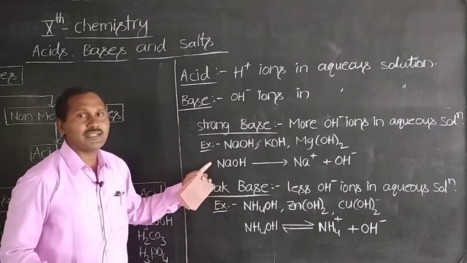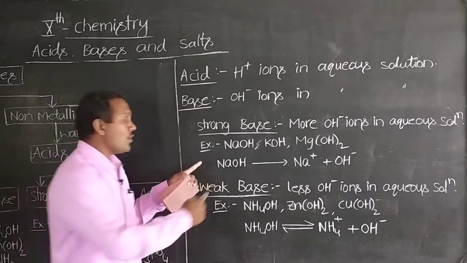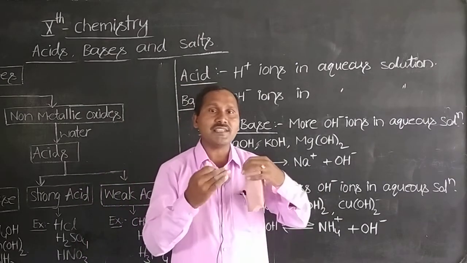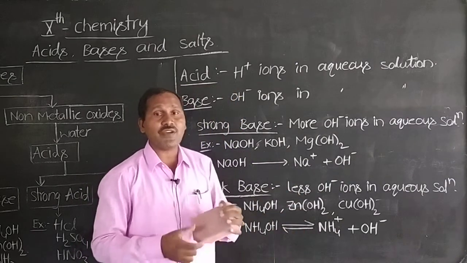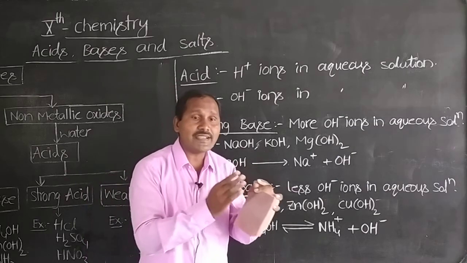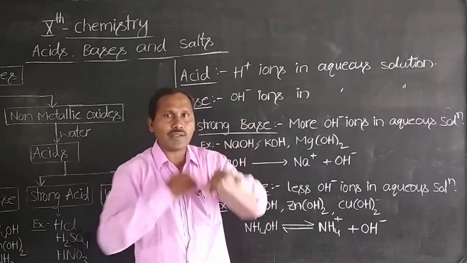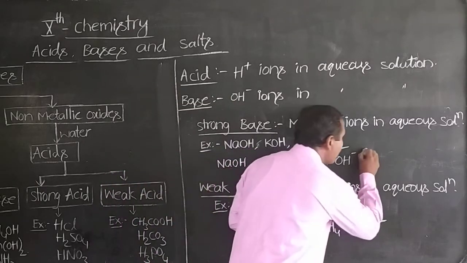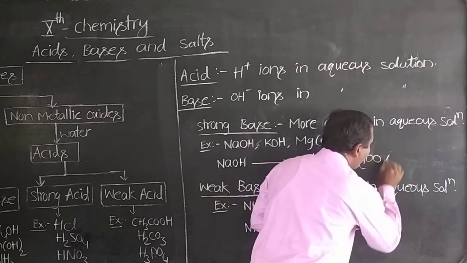In this reaction only the forward reaction takes place, so it is 100% ionized. 100% ionized means the salt is completely dissolved in water. That is the meaning of ionized.